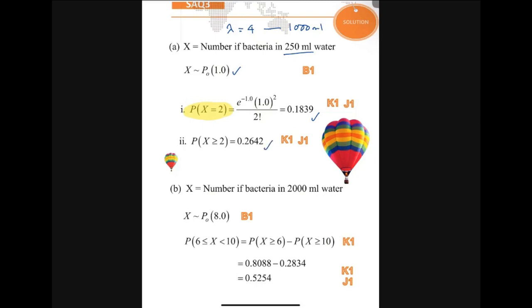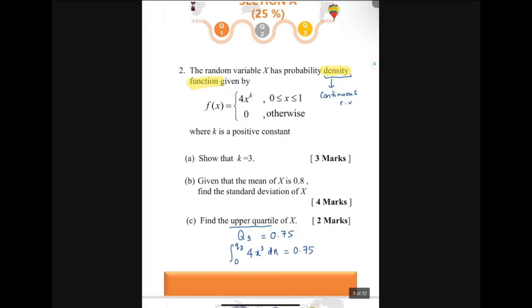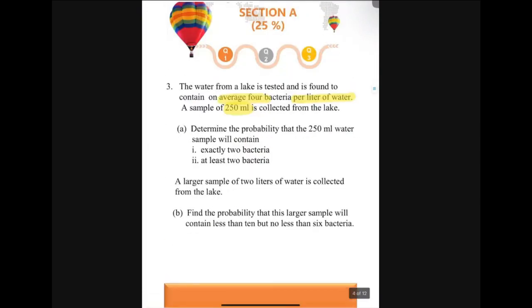Okay, and then moving on to question B. So for question B, we have a larger sample of 2 liter. Now our rate change. Now, instead of 250 milliliter, we change into 2 liter. So lambda will be changed now. And then we have to find the probability that this larger sample will contain less than 10 but not less than 6 bacteria.